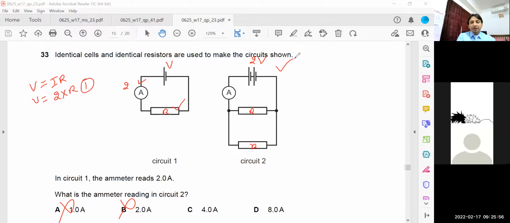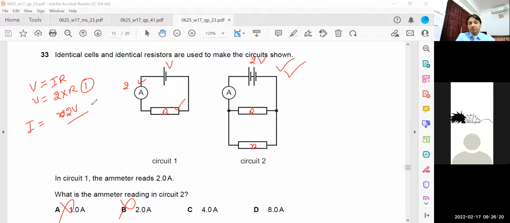Come to the second circuit diagram. In the second circuit diagram, both the resistors are in parallel. So I need to calculate how much current is there in the second circuit. To find the total current, we know that the total voltage of the second circuit is 2V. Okay, children, and I is equal to V, voltage divided by resistance.